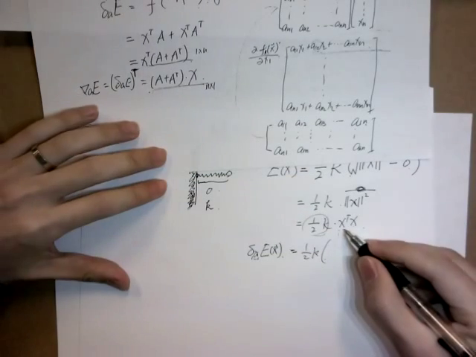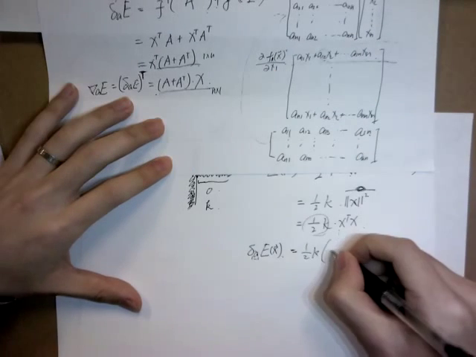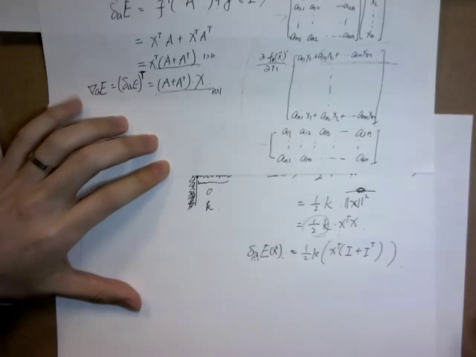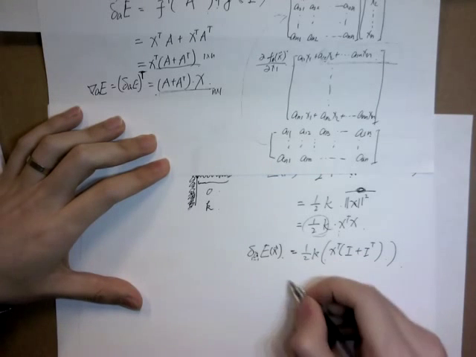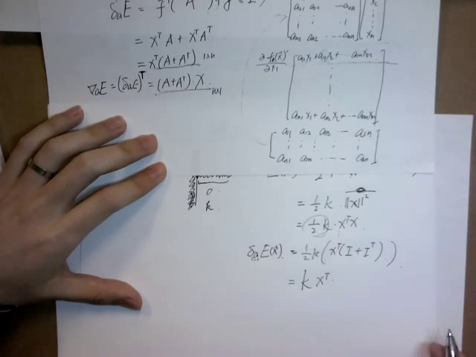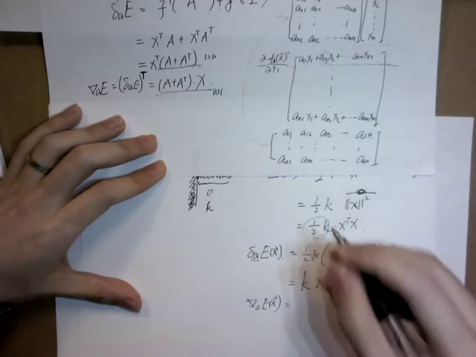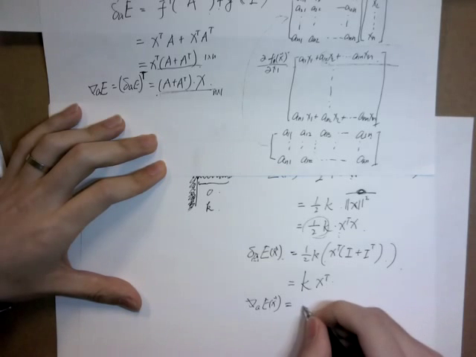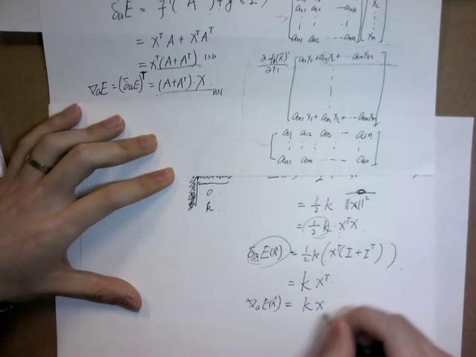So this can be seen as x transpose multiplied by the identity multiplied by x. So the first order derivative will be x transpose times I plus I transpose. Where I transpose equals I, so it becomes 2I and cancels with 1/2, becoming k multiplied by x transpose. And we also know the gradient of E is the transpose of the total derivative, so it will be xk.